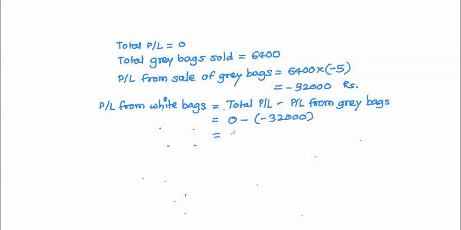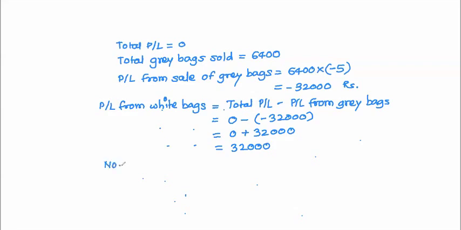Now rationalizing sign, we have 0 minus minus 32,000, same signs give us plus 32,000. So company should make 32,000 profit from the white bags. If they have to make this much profit, how many bags do they need to sell?